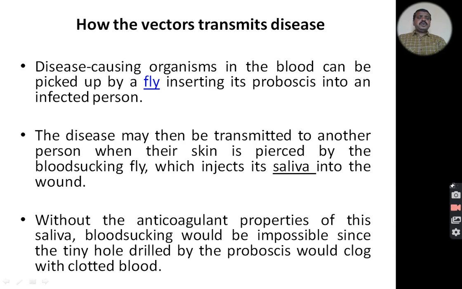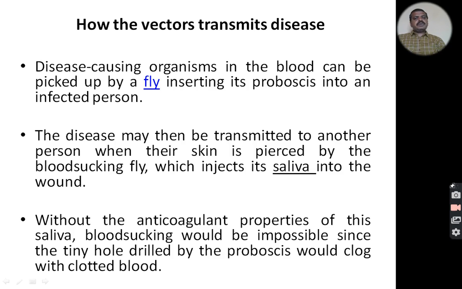This is very true when blood-sucking insects take a blood meal from an infected person: naturally the disease-causing agent enters the body of the mosquito.